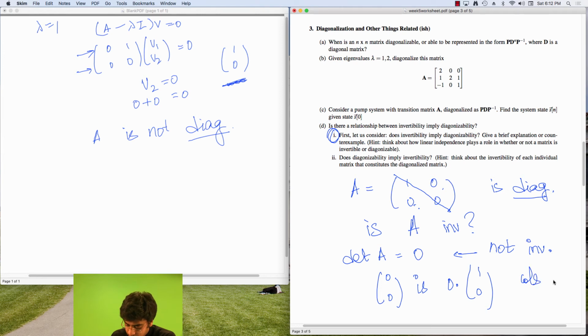And so the columns of A are linearly dependent. And so we see that at a fundamental level, there is no connection between invertibility and diagonalizability. One relies on the linear independence of eigenvectors, and the other relies on linear independence of the columns of a matrix.